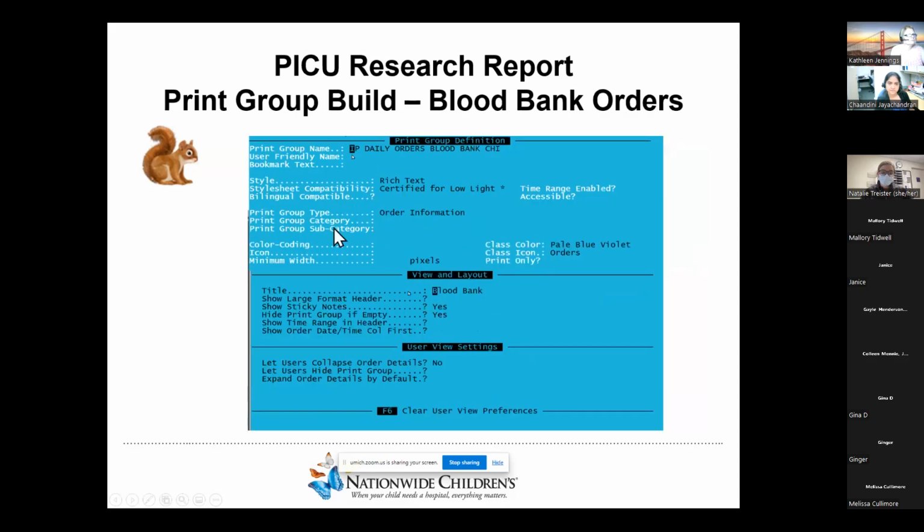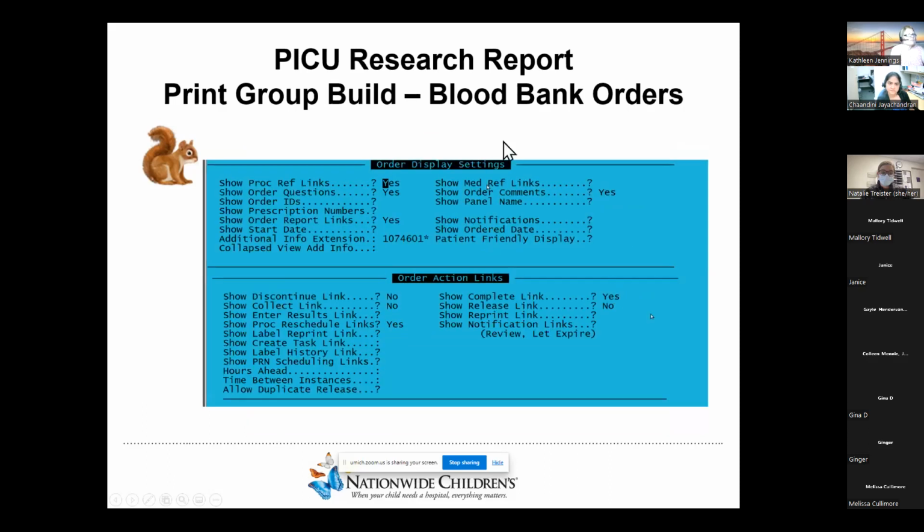And blood bank is a little different. That print group specifically, this is sort of like the title page of that print group. And then when you get into some of the order display settings, we do use an extension to show that information, in terms of showing comments for the order specific questions and how they wanted to display it.